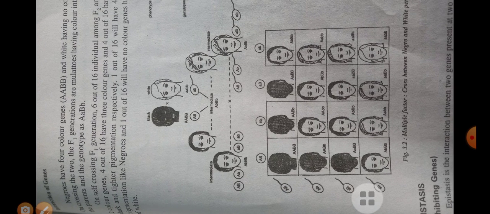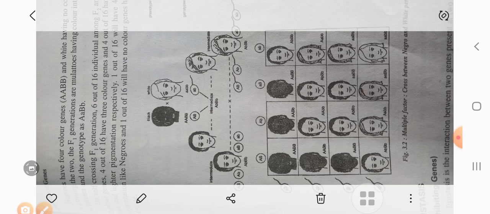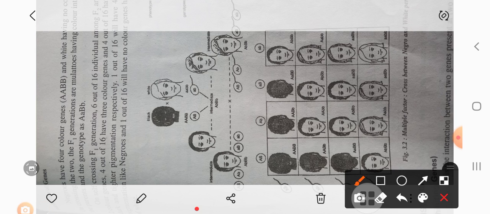So when the cross happens between two breeding parents, we get intermediate progeny, capital A, small a, capital B, small b. That is an intermediate color.